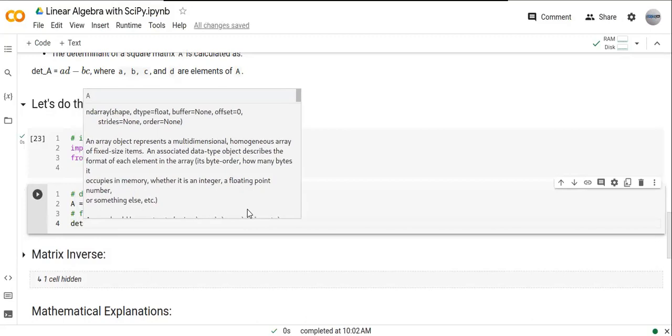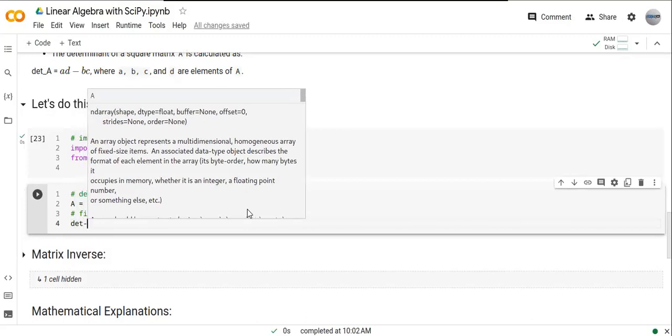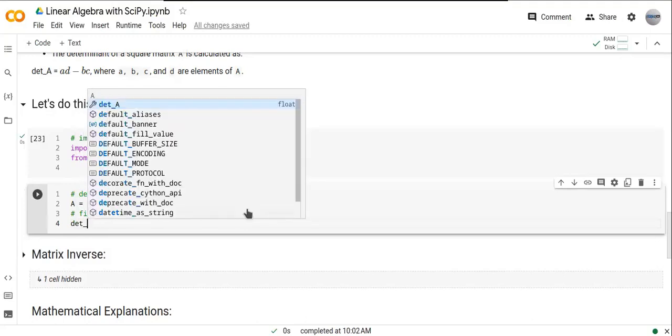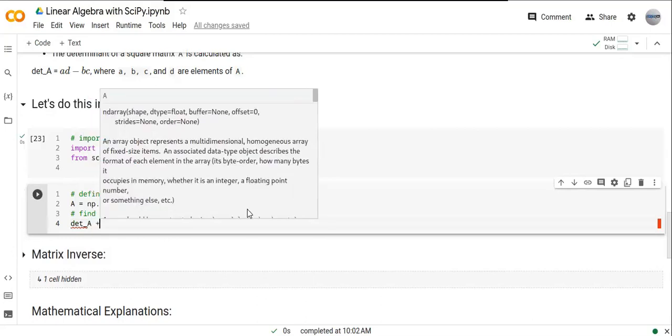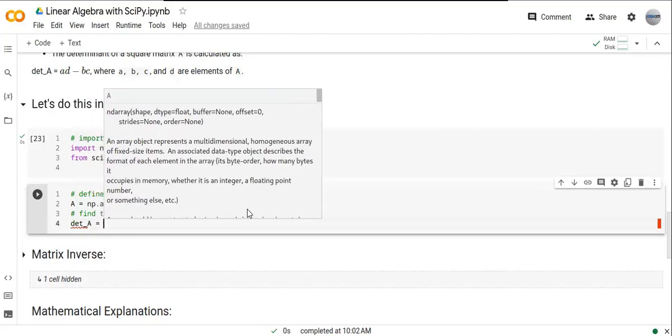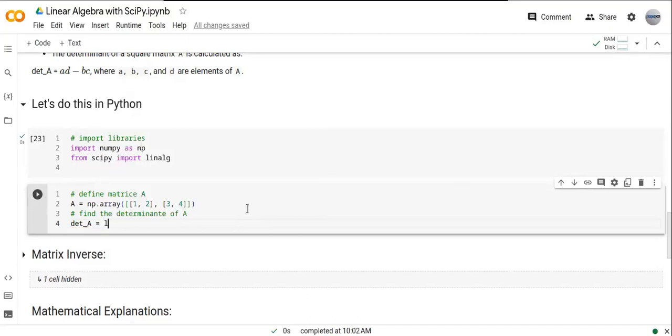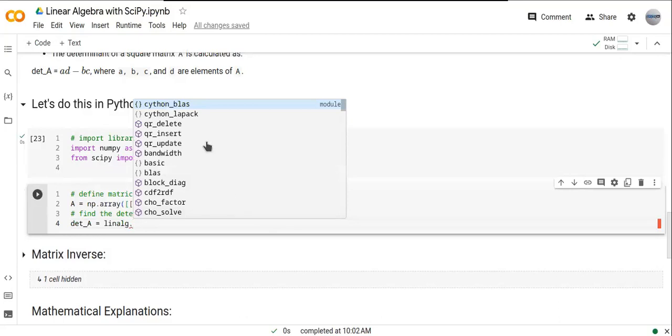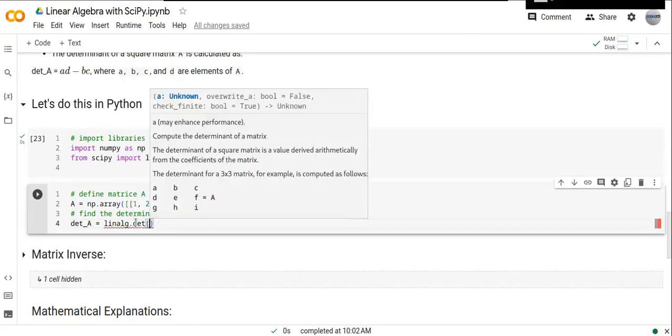So the determinant of A is... Okay, we can use linalg, which is the SciPy function. SciPy provides this function that is used to find the determinant, and we use the det function, and we pass that square matrix to this function.